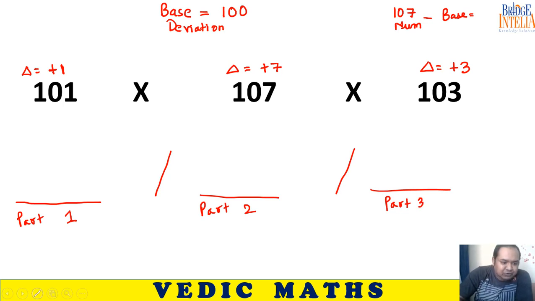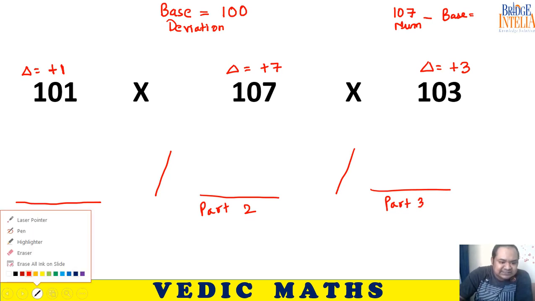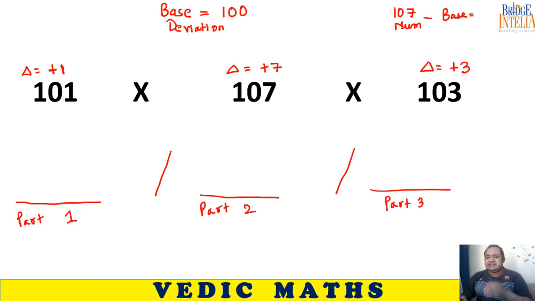If you manage to fill these three blank spaces, you will get the answer immediately in one single step. Now how can you fill these blank spaces? Here, base plus all the three deviations. Let's call this deviation 1, the deviation of the first number, deviation 2, the deviation of the second number, and deviation 3, the deviation of the third number.